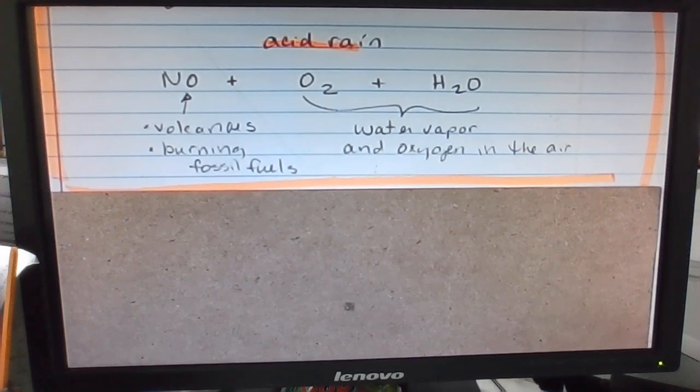The nitrogen oxides come from volcanoes, from burning fossil fuels. When they combine with the water vapor and oxygen in the air, they make a condensate that is acidic. So it's going to fall as an acid or something that is acidic.